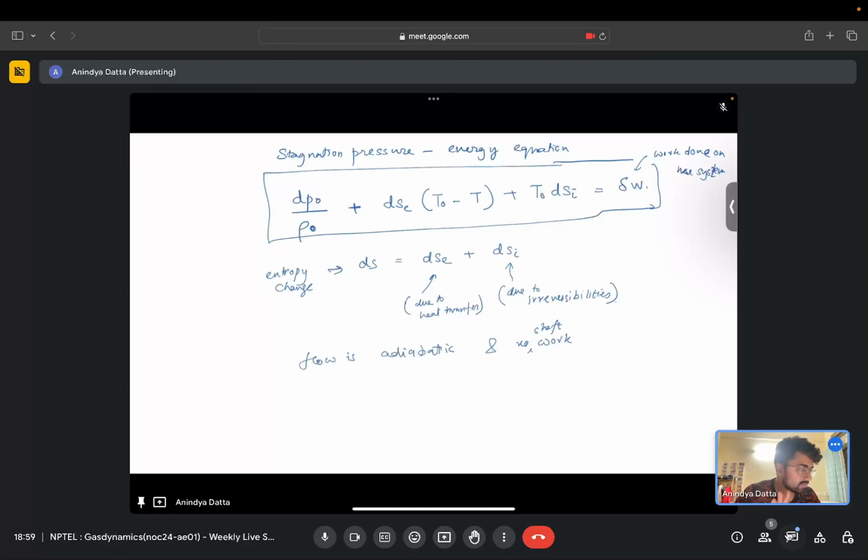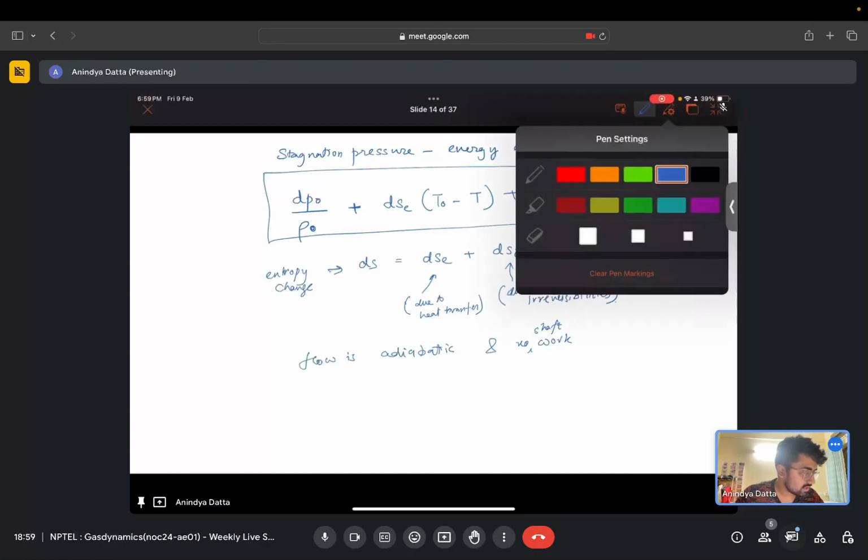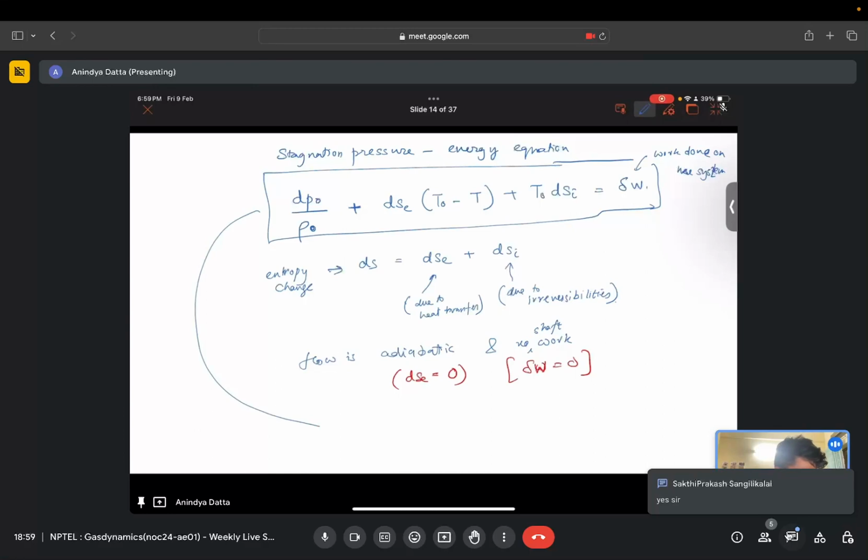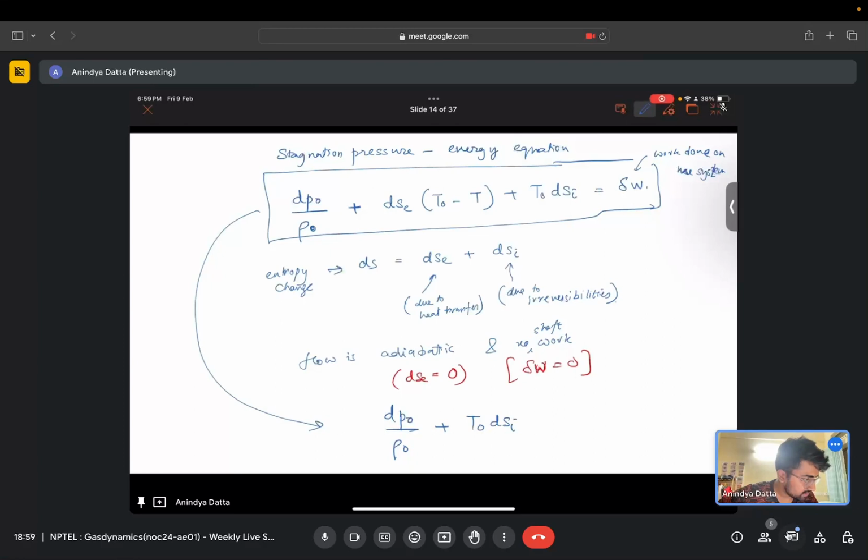So there is no shaft work, so this delta w will be equal to 0. And if the flow is adiabatic, the entropy change due to heat transfer is also equal to 0. So what we are left with is dp0 by rho0 equals T0 dsi equals 0.